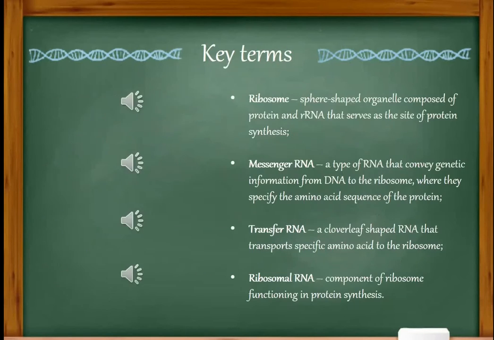Okay, good. Students, listen to key terms. Ribosome, sphere-shaped organelle composed of protein and rRNA that serves as the site of protein synthesis. Messenger RNA, a type of RNA that conveys genetic information from DNA to the ribosome, where they specify the amino acid sequence of the protein.